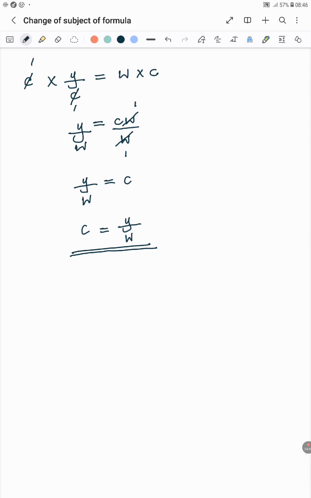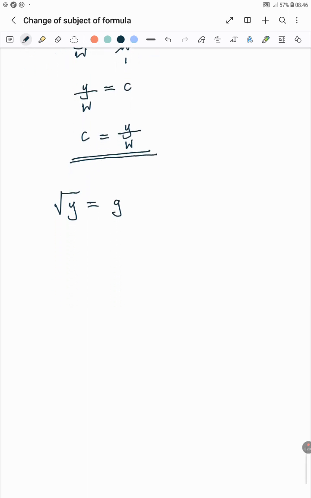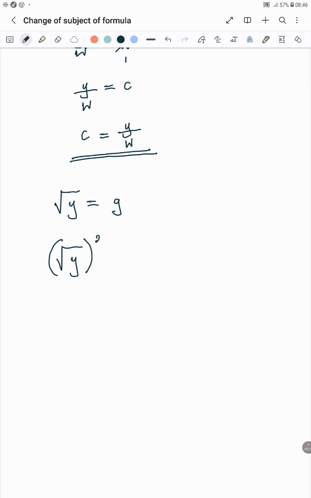Let's say we have an example that says square root of y is equal to g. So from what we have learned before, we know that when we want to remove a square root sign, we have to square this expression.